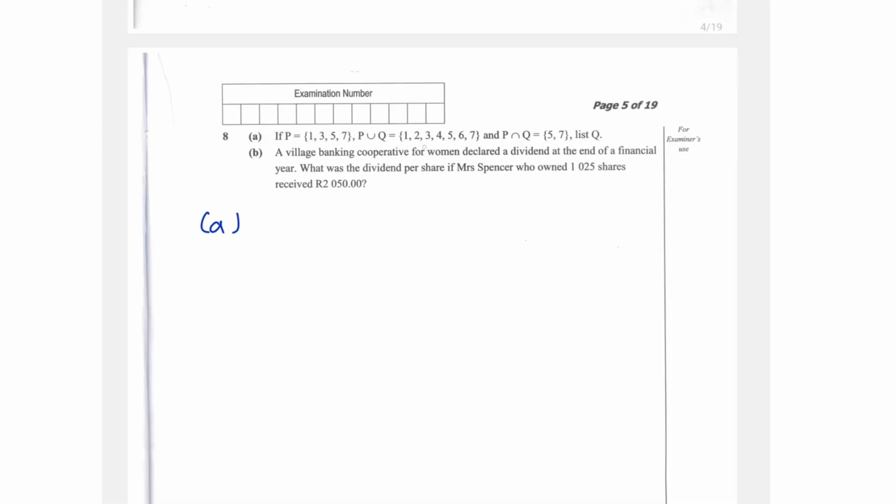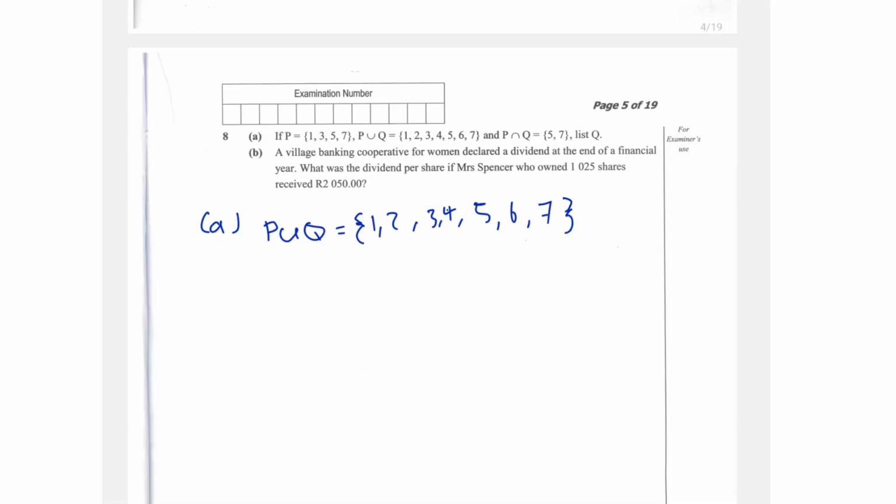Let's get the set P union Q first. P union Q is equal to 1, 2, 3, 4, 5, 6, and 7.